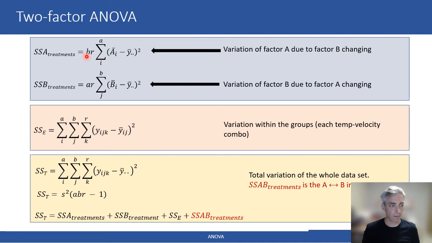We have to multiply by b times r because there are 2 replicates and there are 2 levels for factor B. So we need to multiply this total by 4 to represent the total sum of squares for all of these different averages. And the same applies for SSB.